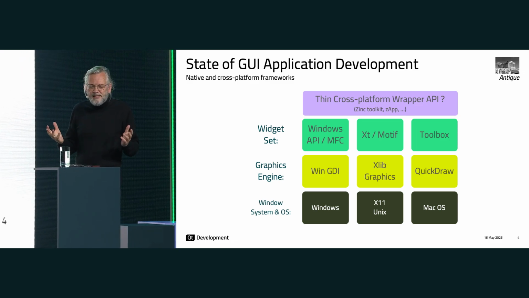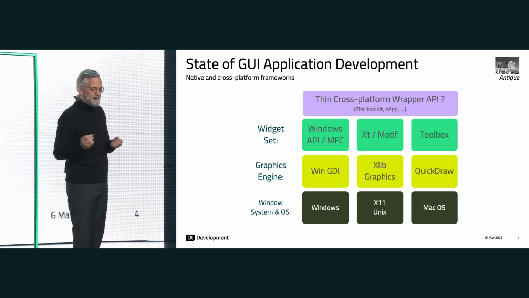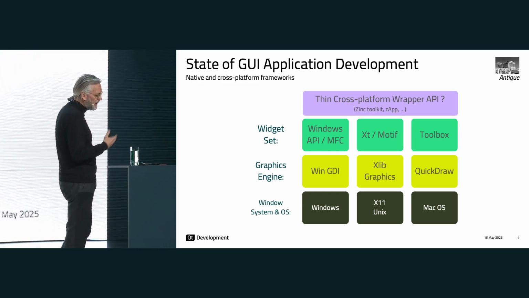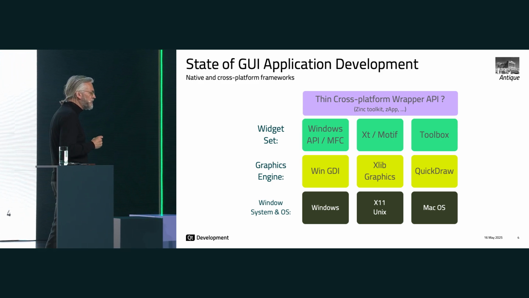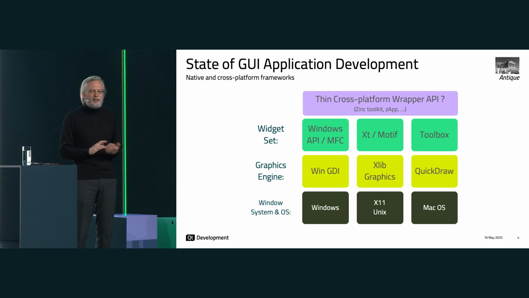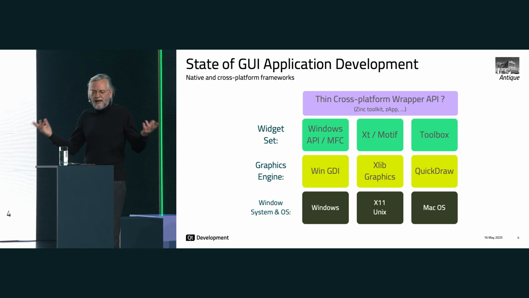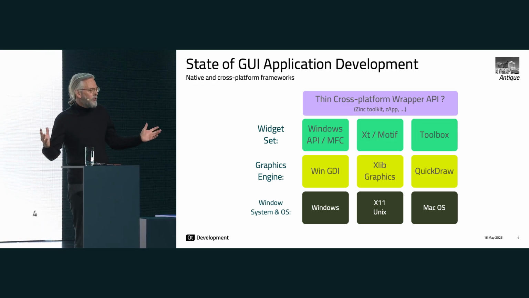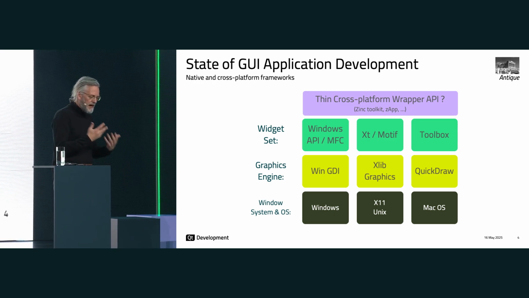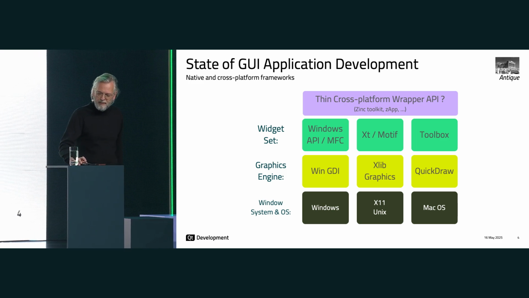And each of these are built on top of different painting APIs, different graphics engines, like the Graphics Device Interface on Windows and the Xlib graphics on X11. So the challenge then, what do you do if you want an application to run on more than one of these? Do you have to write it twice or three times?